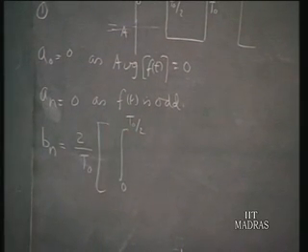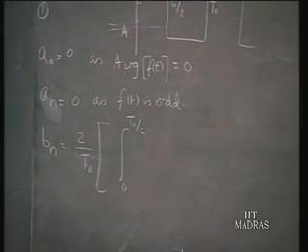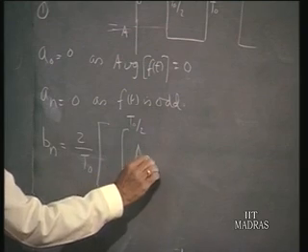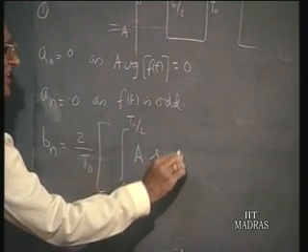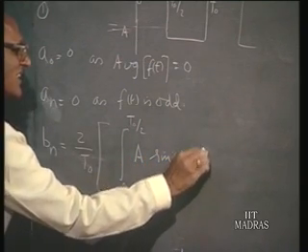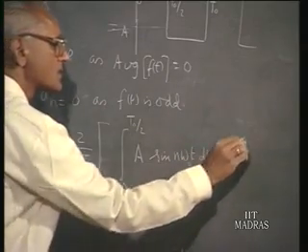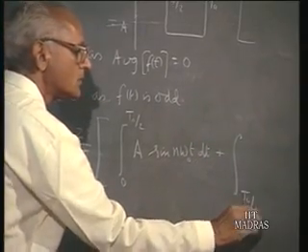I will break up this integral into two parts. From 0 to T naught upon 2, the value of the function is a, so a sin n omega naught t dt, plus T naught upon 2 to T naught.